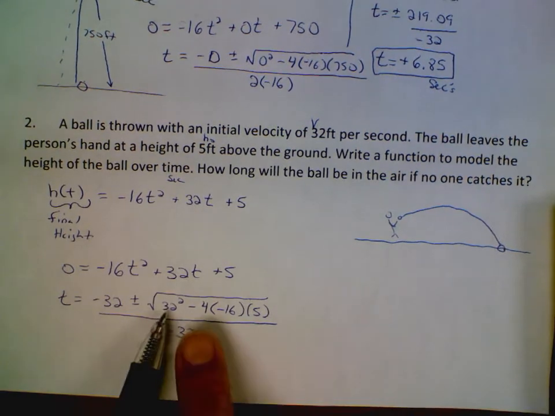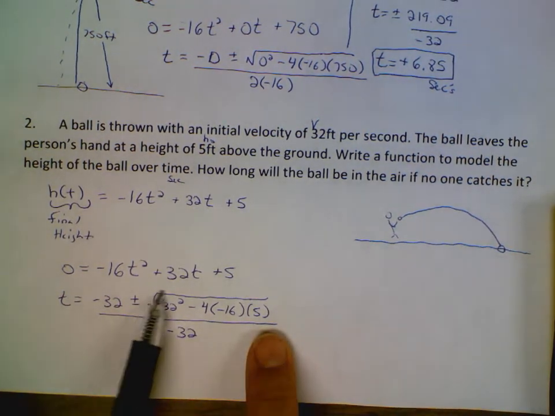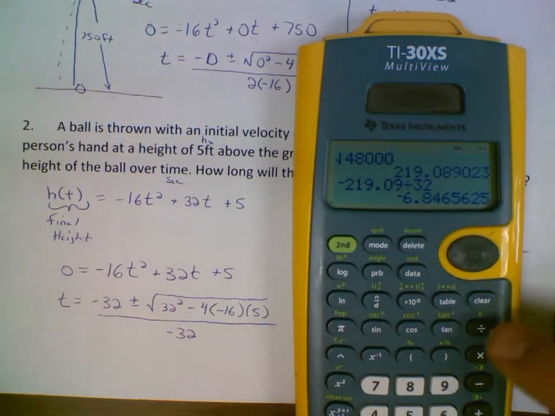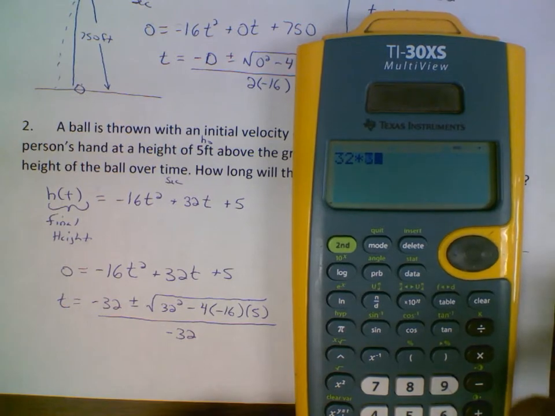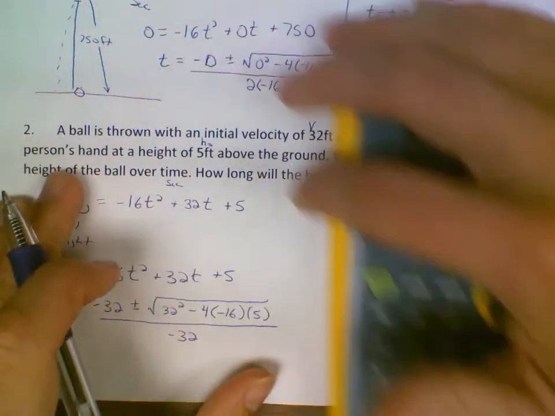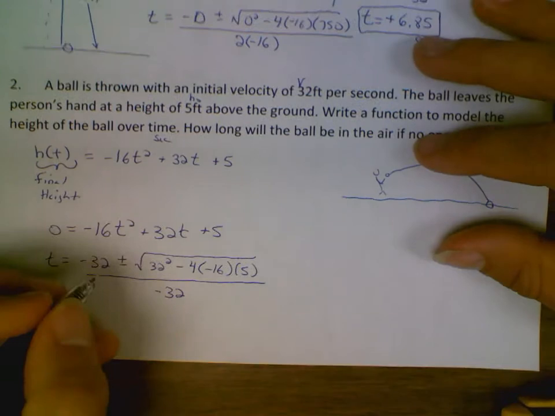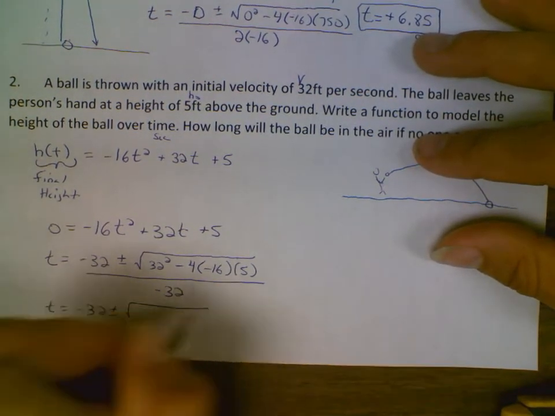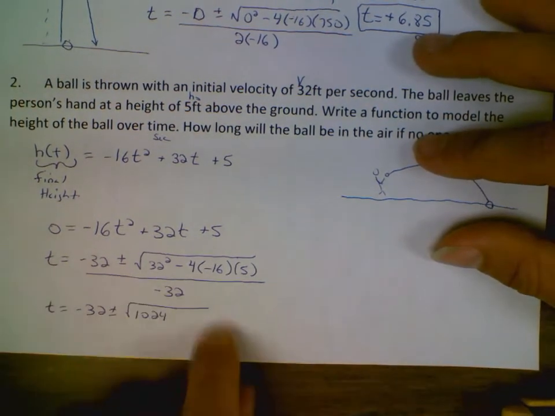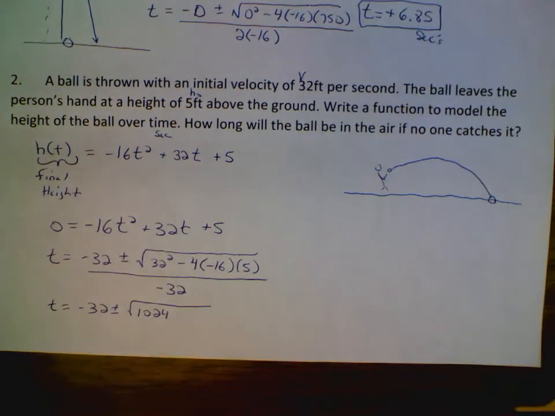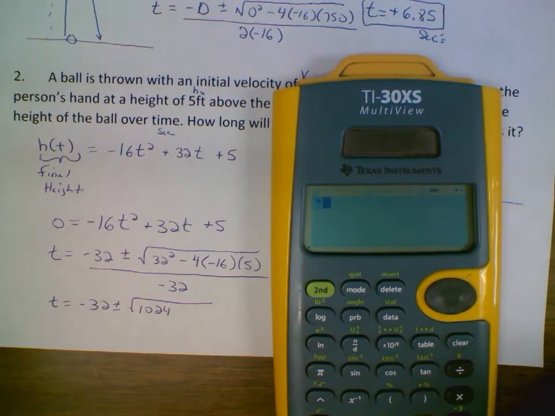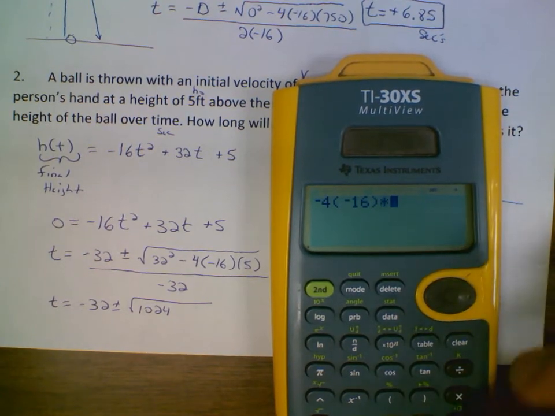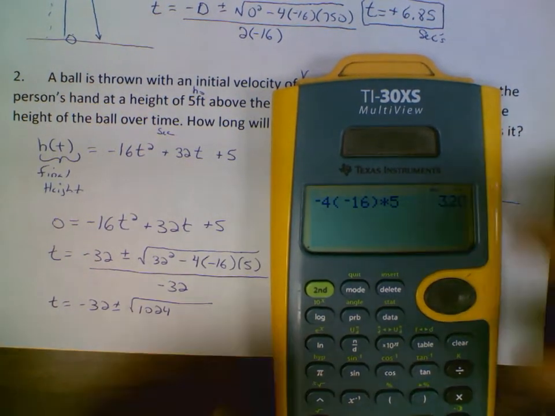Now, I usually simplify the radical first, so everything underneath the square root I want to do first. So starting with the 32 squared, if I take 32 times 32, I get 1024. Okay, so I can rewrite this as t equals -32 plus or minus the square root of 1024, and then I'm going to multiply these three together. So if I do that real quick, I want -4 times -16 times 5, and I get 320, and that's positive.